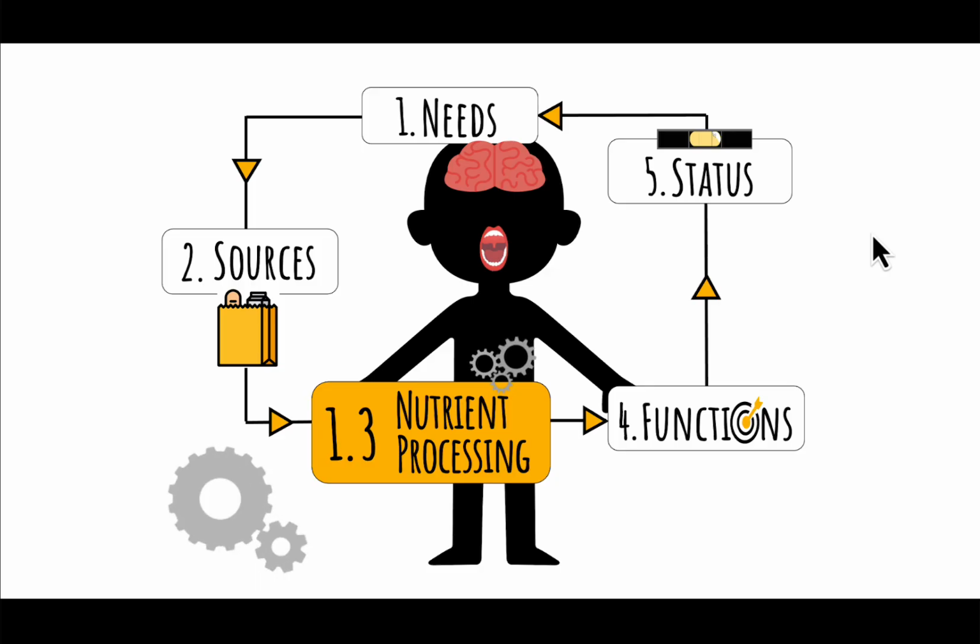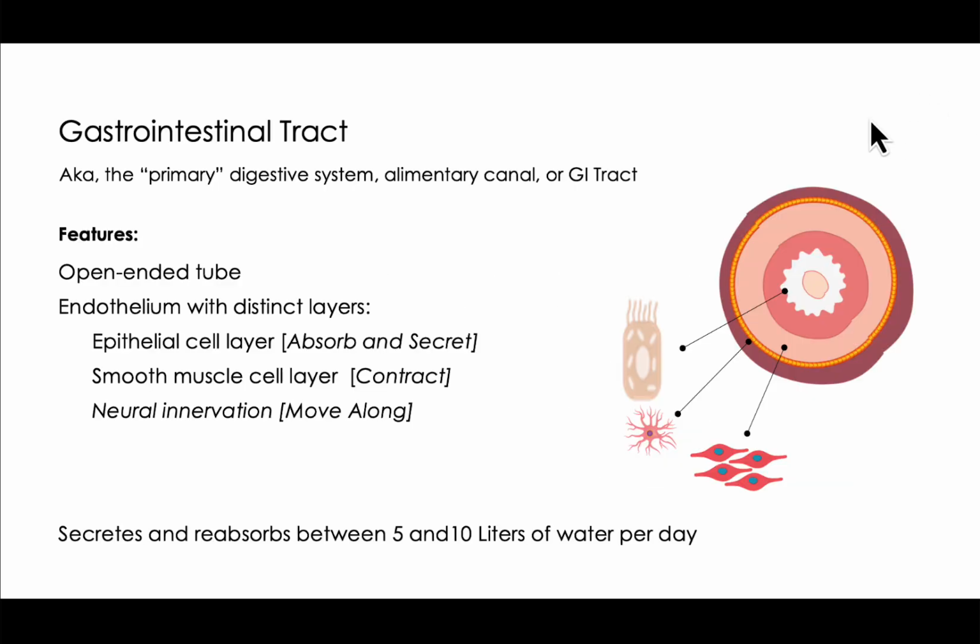So nutrient processing. I'm breaking this down into 3 major nutrient processing systems, starting with digestion and absorption.